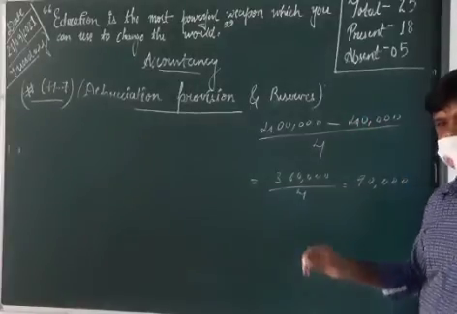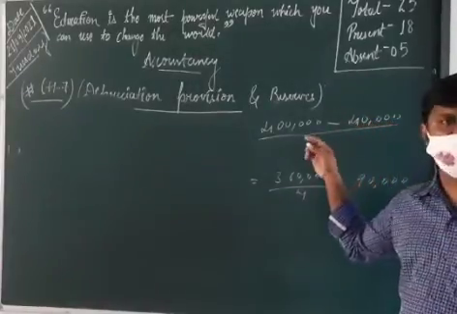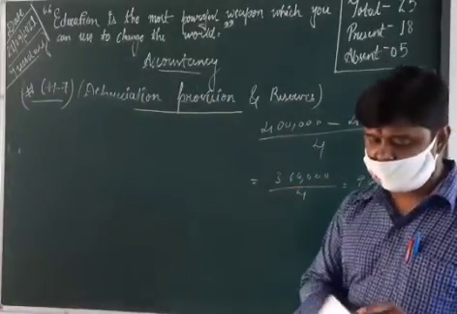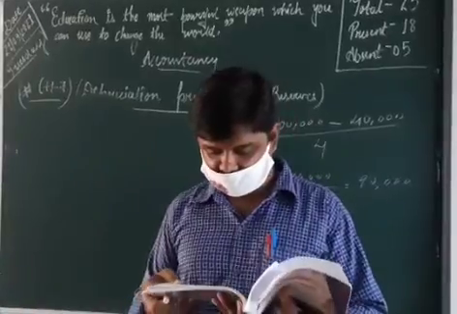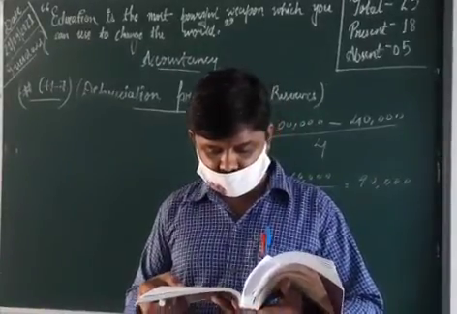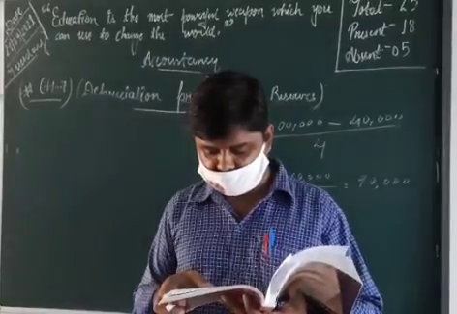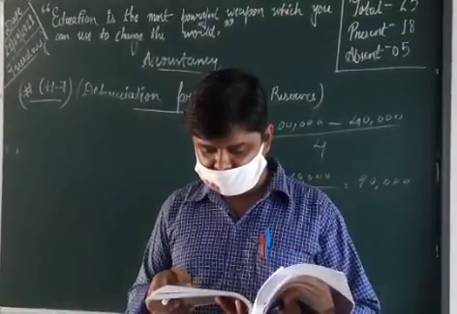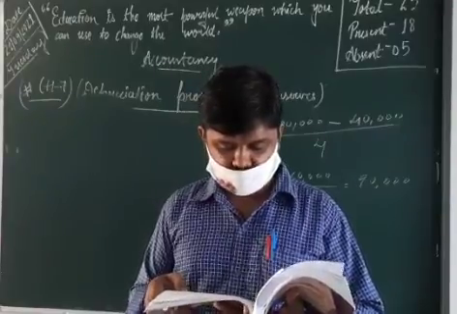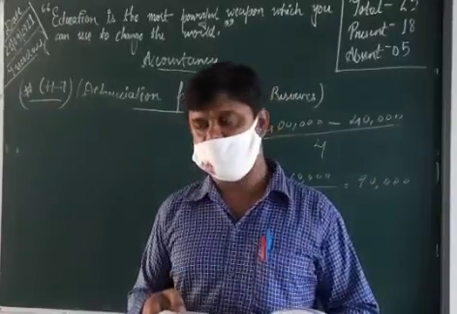The estimated residual value is 40,000, so within 4 years that amount will be over. Then the question says to show how the vehicle account would appear for the 4 years, assuming it is sold for rupees 50,000 at the end.